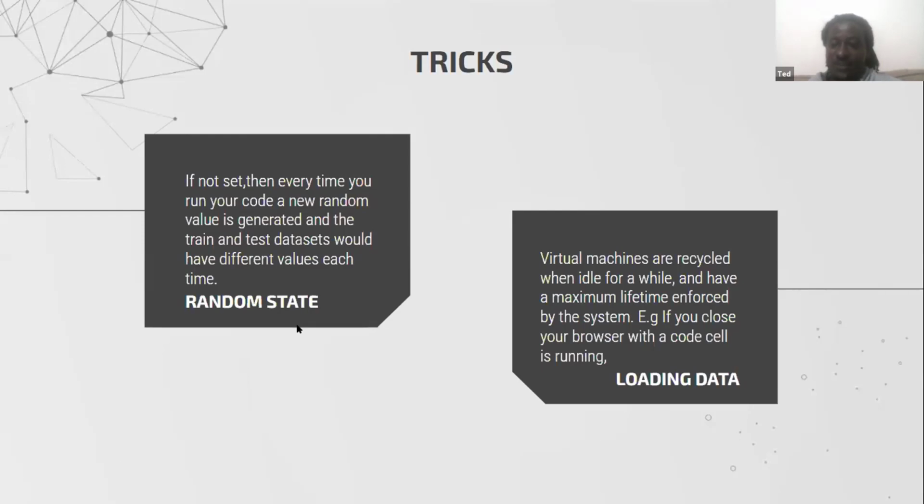So you might find that if you set the random state for all the functions that require random state to the same number, then your performance might improve. It will improve.